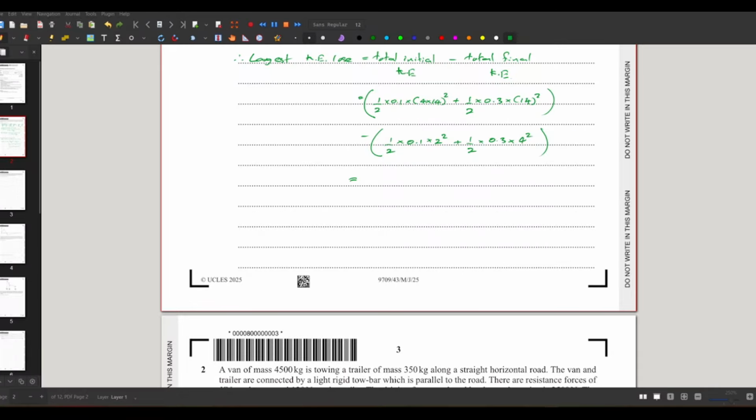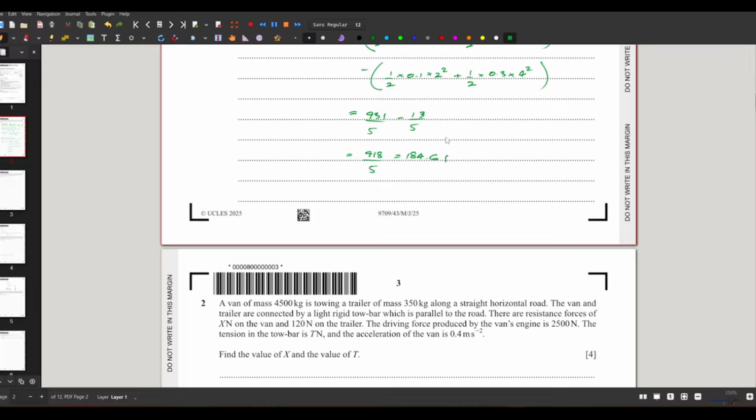So then your final answer will be 918 divided by 5, which equals 184.6 joules. Okay, so this is the highest, or largest, kinetic energy loss.